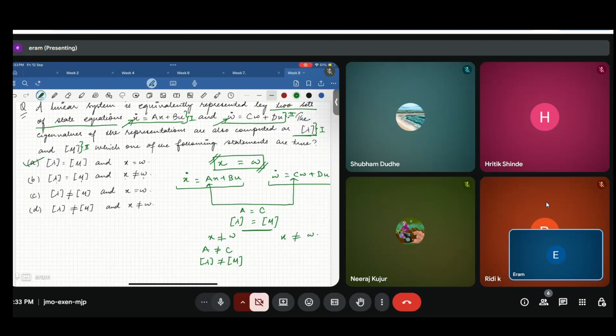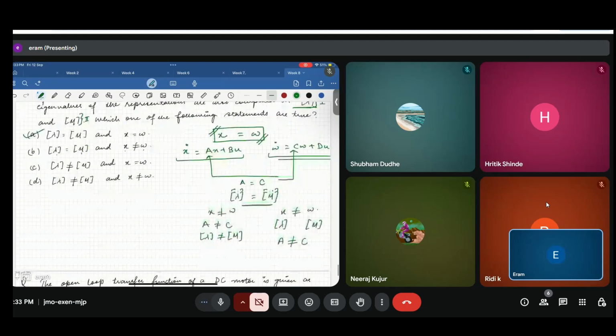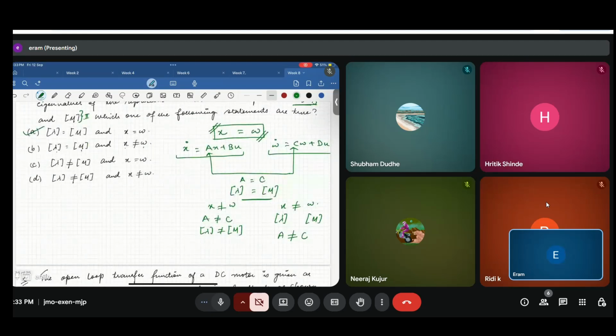Then A will not be equal to C. If A is not equal to C, what does it mean? Its eigenvalues will also not be equal. So this option is also correct.